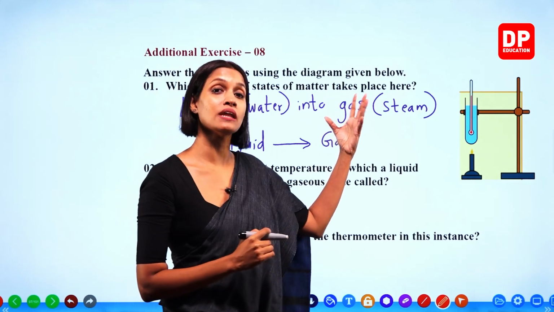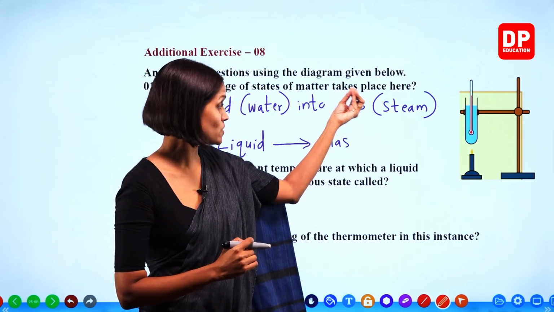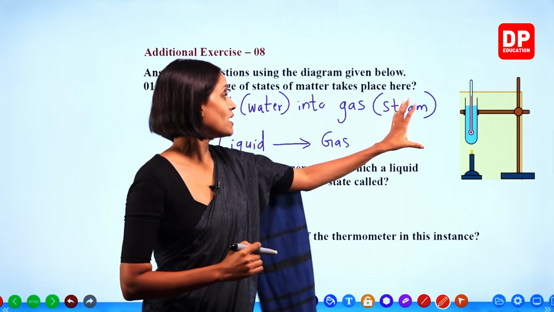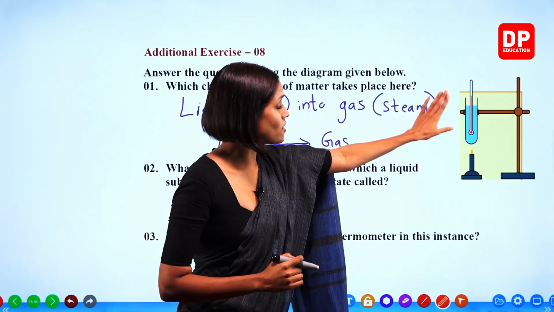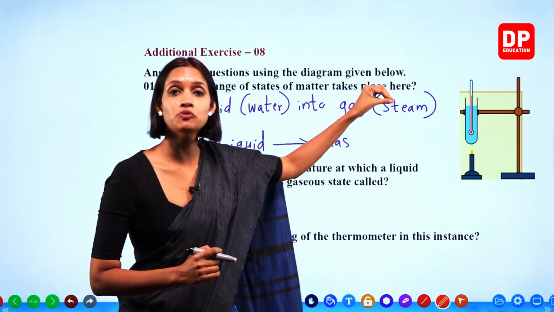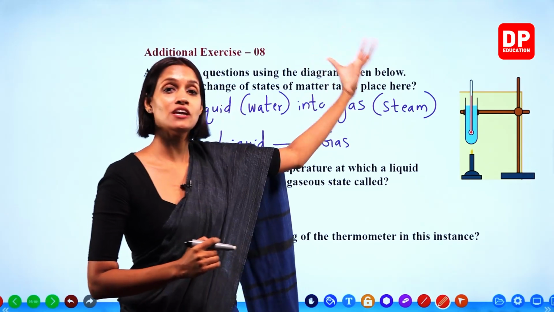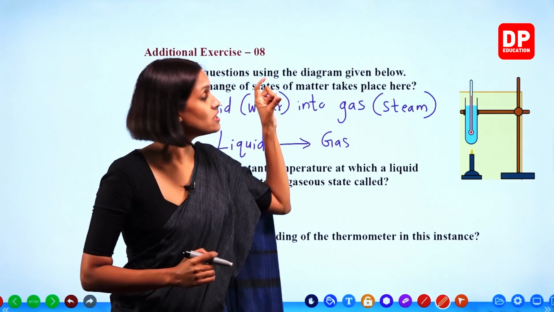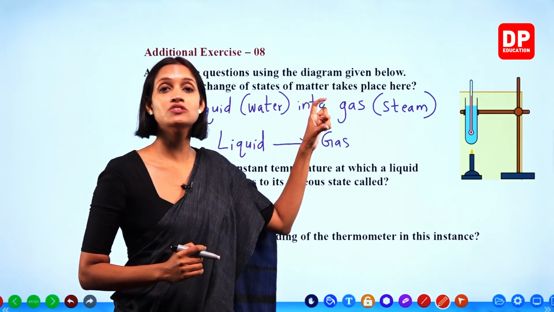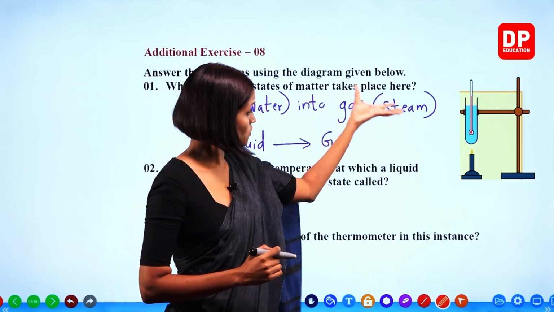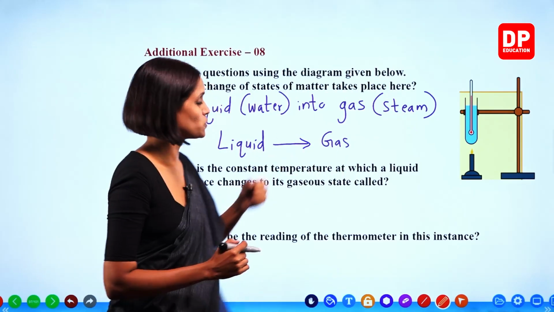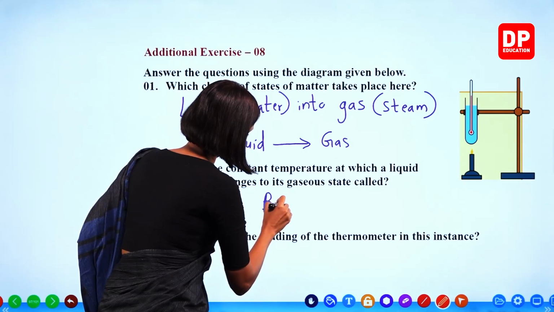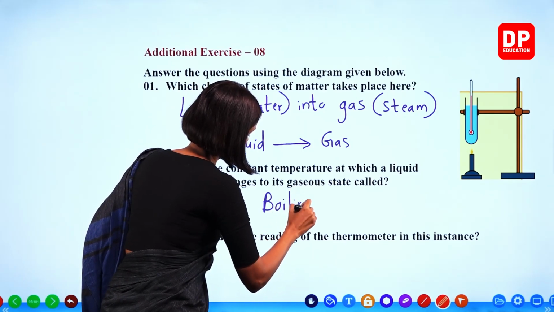What is the specific name given to this incident at this specific temperature? Right? The temperature will remain constant without changing while the water finishes boiling and changing to its gaseous state. This specific temperature is known as the boiling point. Okay? Boiling point.